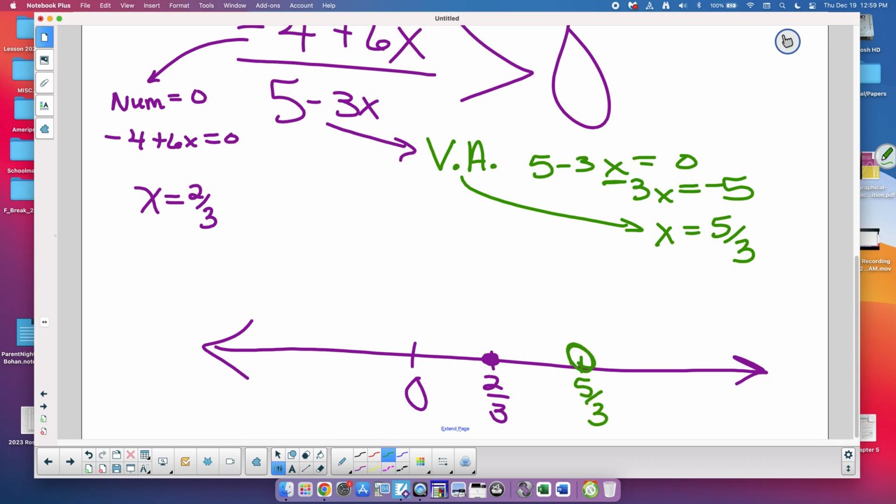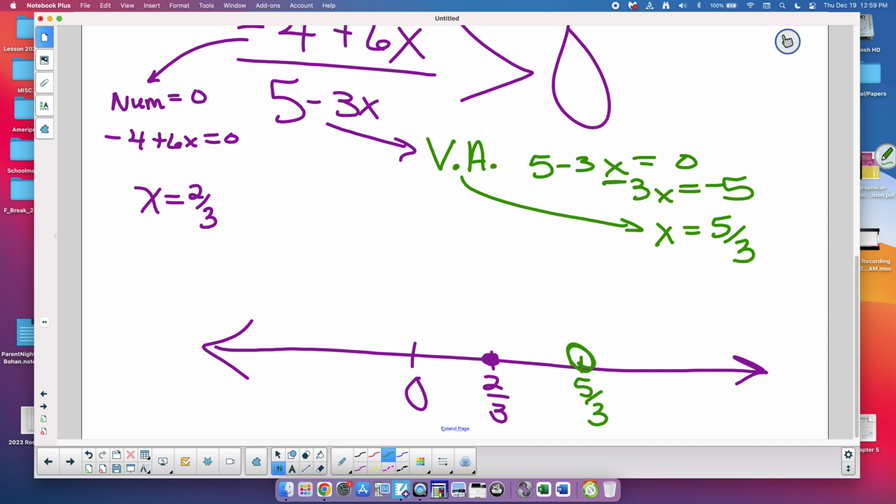You don't get an answer, go open circle with it, please. Okay, now, I said, all you got to do is plug numbers on the left of 2/3, in between, and on the outside, you can plug them in. But I also said you can use what? Calculator. You can use your calculator, okay?